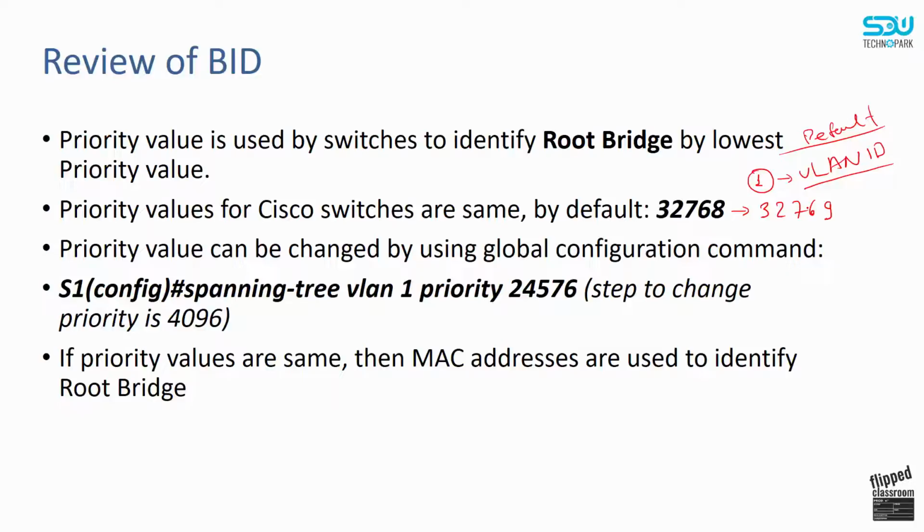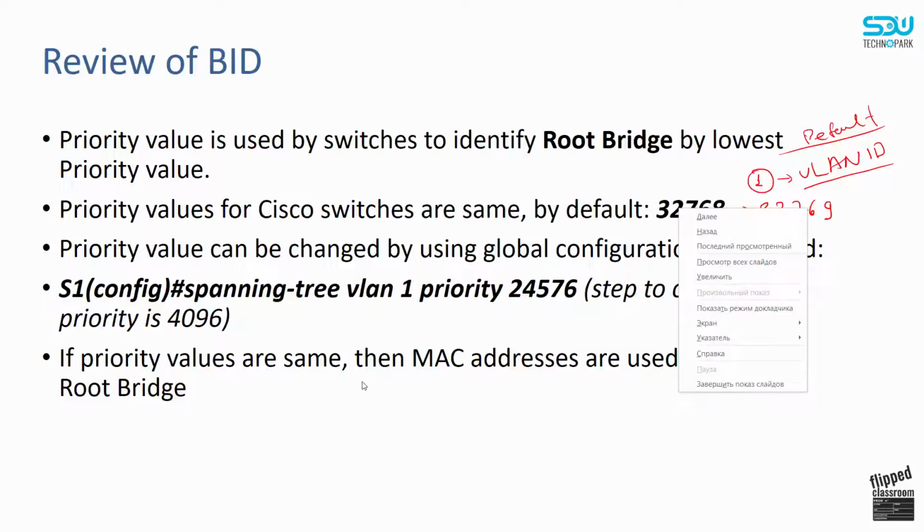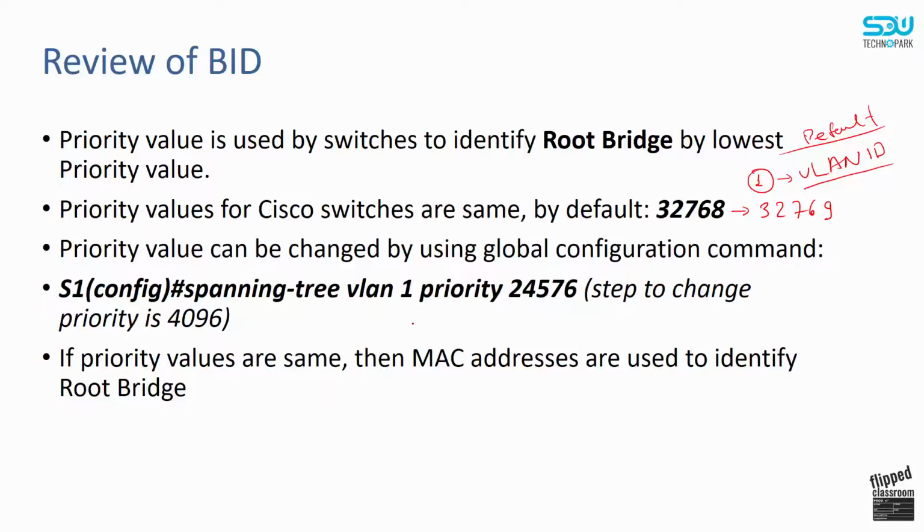And a very important thing is that in Cisco switches, the step to change the priority value is 4096. So you can, for example, define the priority value as 0.